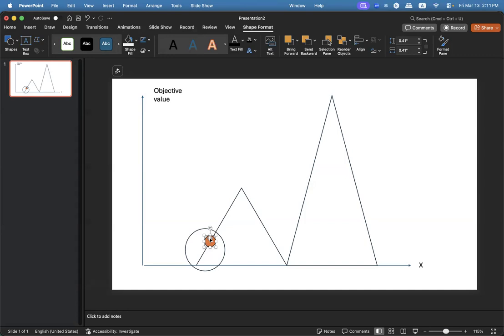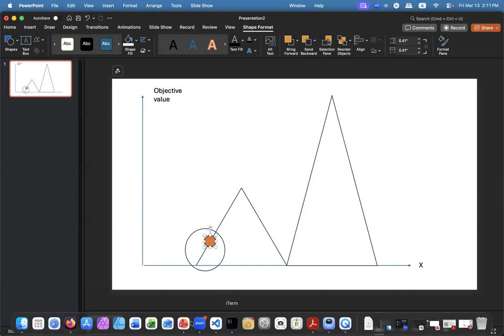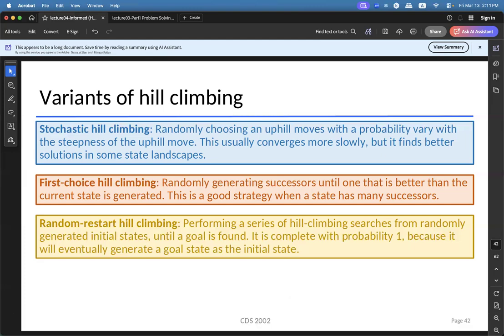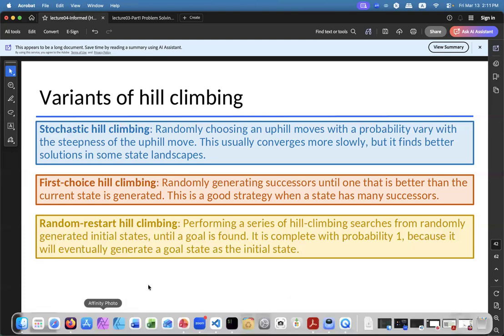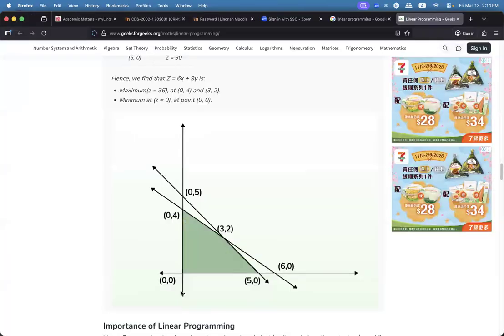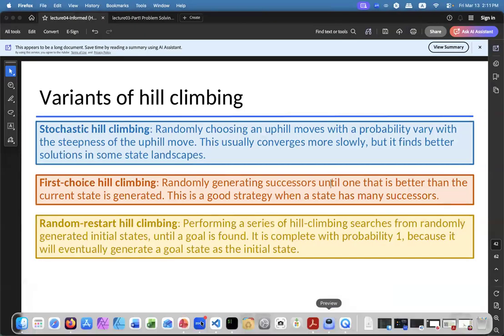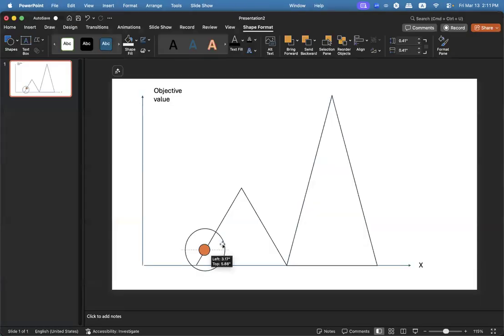And the last one is random restart hill climbing. Instead of starting at one random position, I repeatedly do the hill climbing, but not from one position.